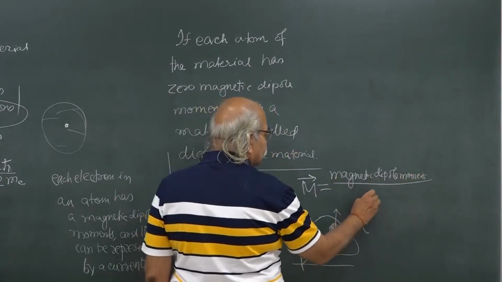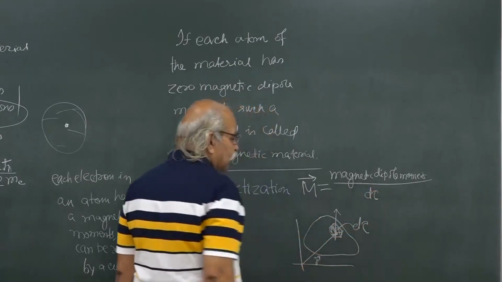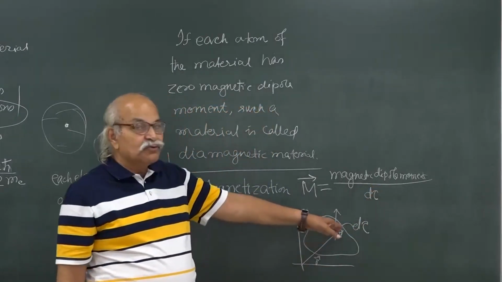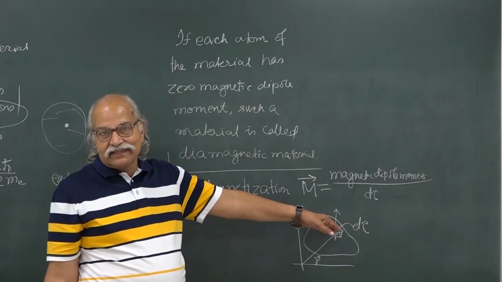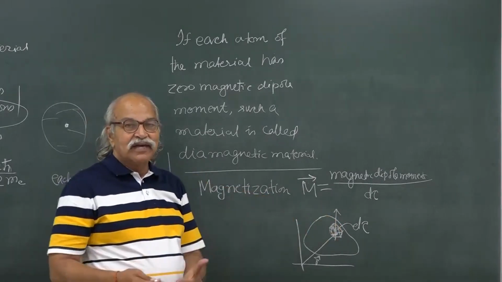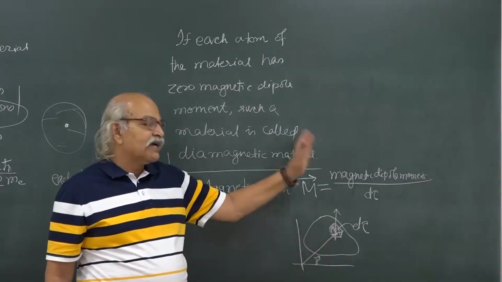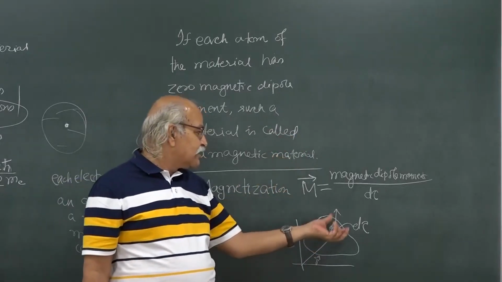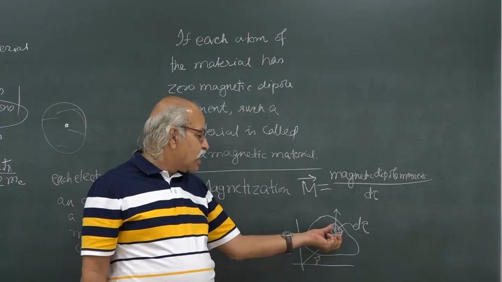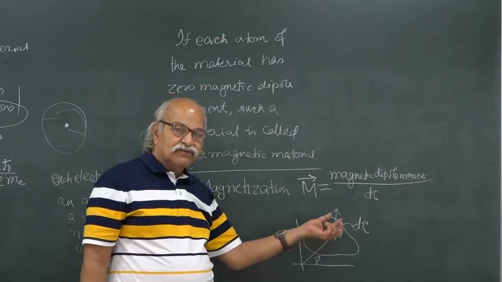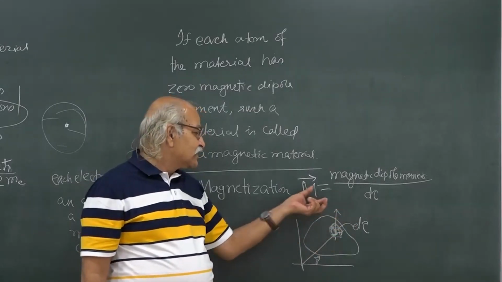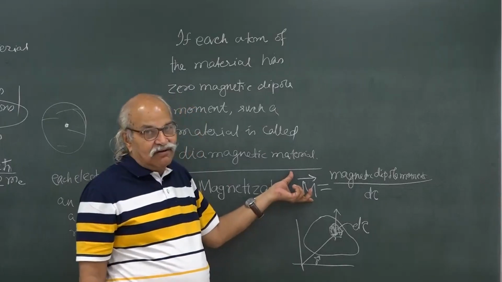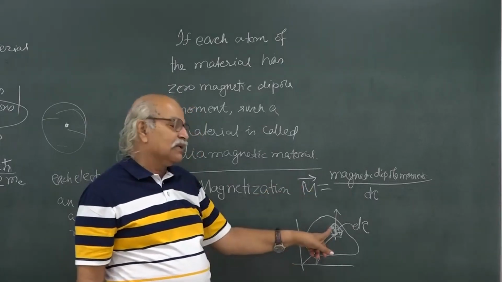It will have a direction, since magnetic dipole moment has a direction. When you add up all the magnetic moments of all the atoms, it will have some direction and some magnitude. So, the magnetic dipole moment of this part divided by this volume is known as the magnetization of this material at this point.